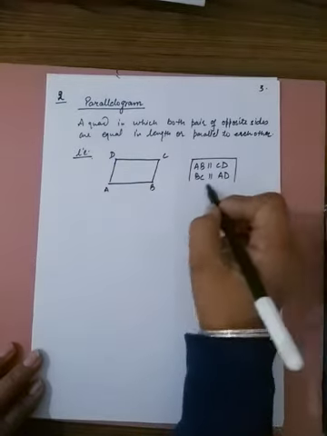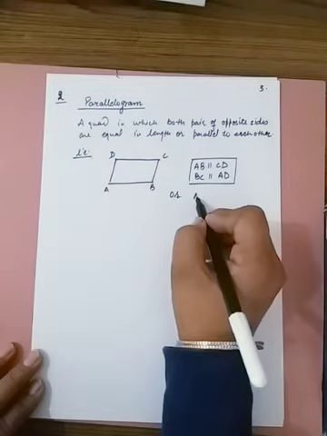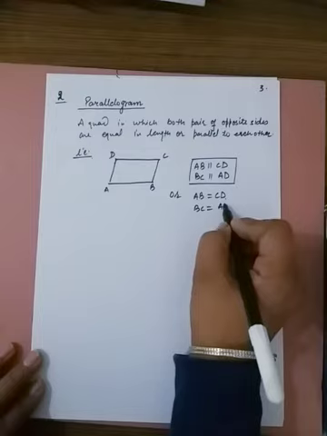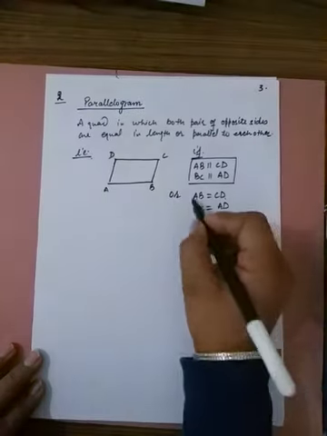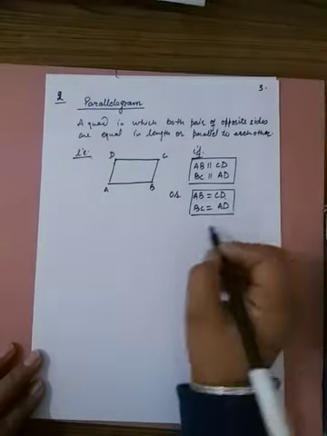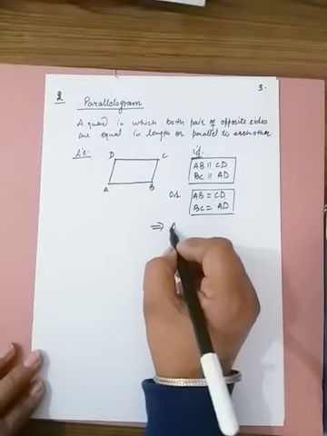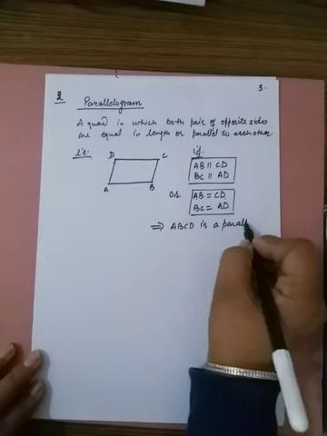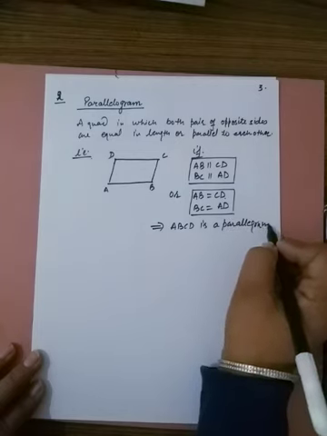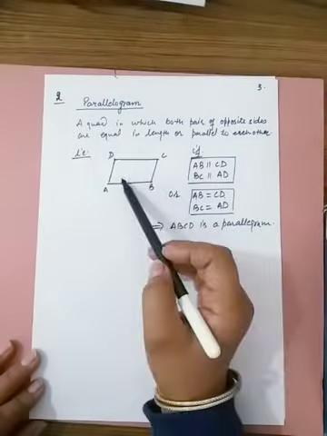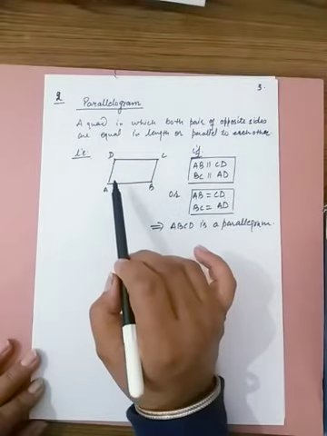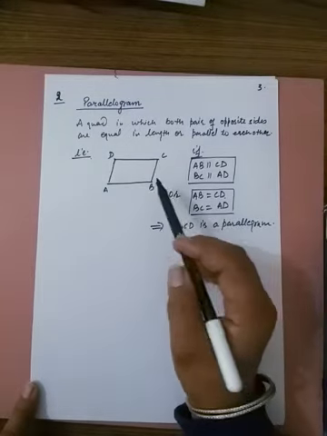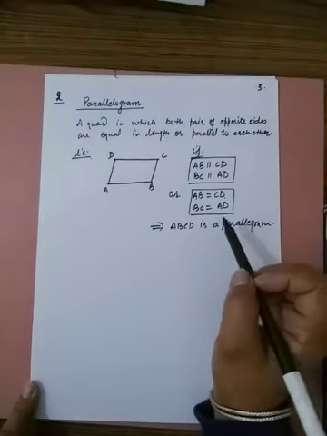Either this is given, or AB is equal to CD and BC is equal to AD, then the given quadrilateral will be a parallelogram. This gives ABCD is a parallelogram. Again remember, if one pair of opposite sides is parallel, then that is a trapezium. If both pairs of opposite sides are parallel, then the given quadrilateral is a parallelogram.